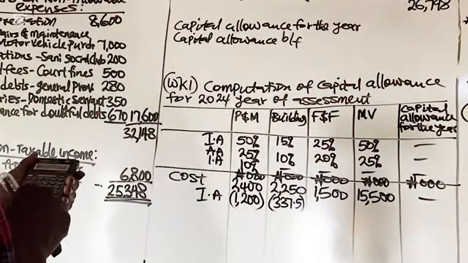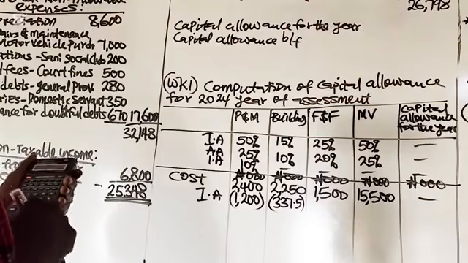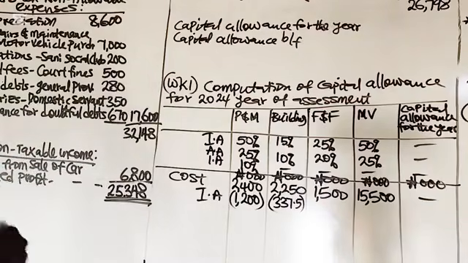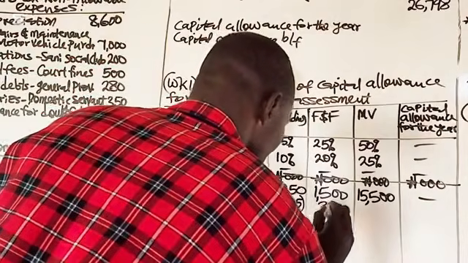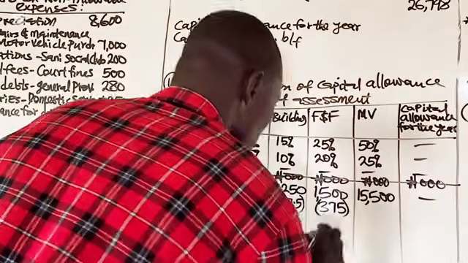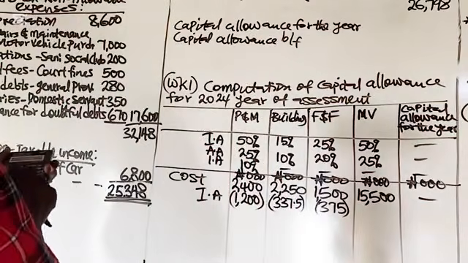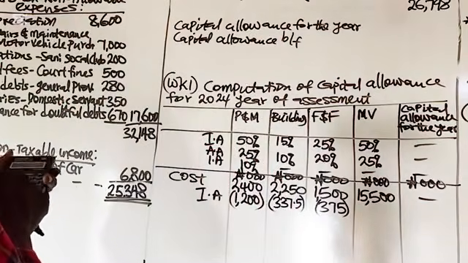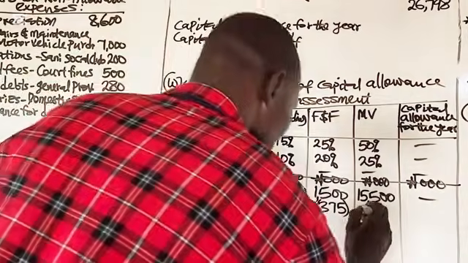25% of 1,500 gives us 375,000. Then 50% of 15,500 gives us 7,750.